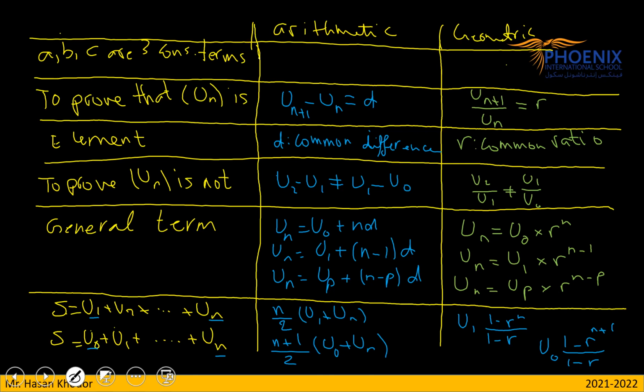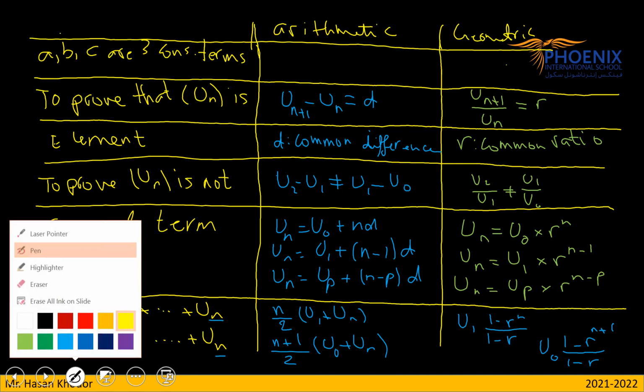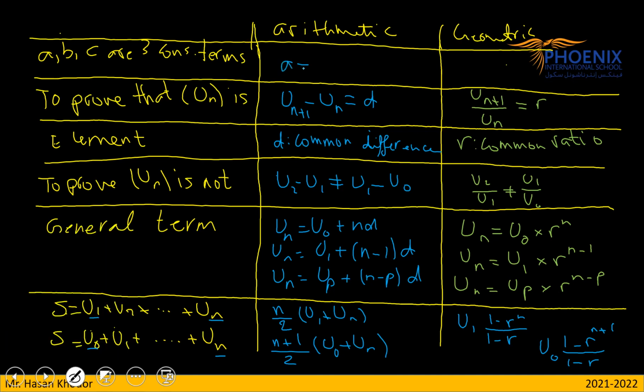That is, B is (A plus C) divided by 2, or in other words, A plus C is double of B, or A plus C is B plus B. And concerning the geometric sequence, then A times C is equal to B times B, or in other words, AC is equal to B squared.